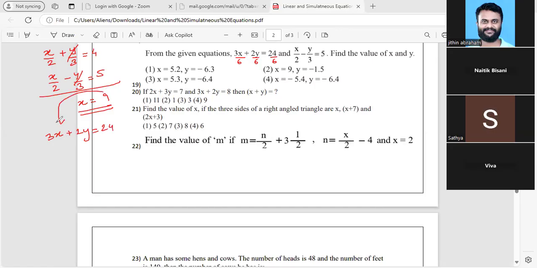That will give me 9 3s are 27 plus 2y is equal to 24. 2y is equal to 24 minus 27. That gives minus 3. Y is equal to minus 1.5, which is minus 3 divided by 2. So here is y's value, minus 1.5, and x's value is 9. Second option is your correct answer.